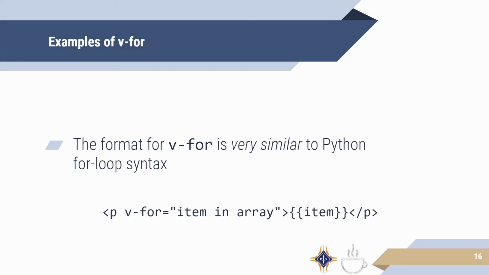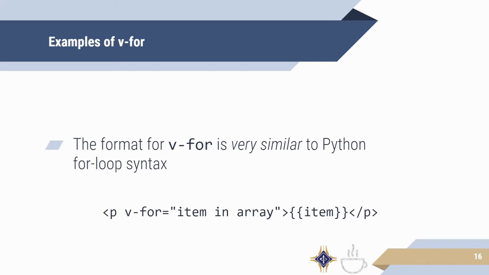So the format for V4 is like the format for the other V directives, but has very Python-like for loop syntax. So for example, if you have a p tag, we want to use V4 for. The V4 tells it's a V directive, equals, and then in quotes, you give it some syntax. The syntax here is going to be for item in array, which is very similar to Python's for loop syntax.